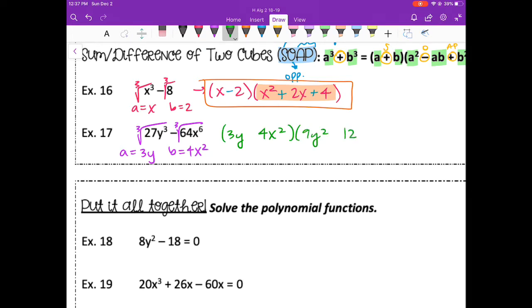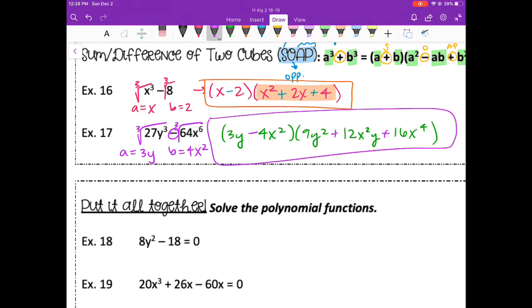Let's see, 3 times 4, we get 12, x squared y, nothing special there. And then b squared would be 16x to the 4th. Your signs follow the pattern. Same sign, so minus, it's going to start with a minus. Opposite sign, always positive. And there we are.